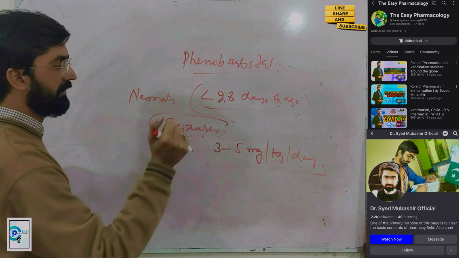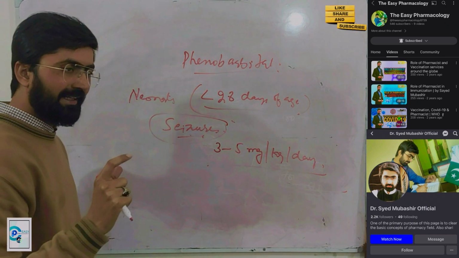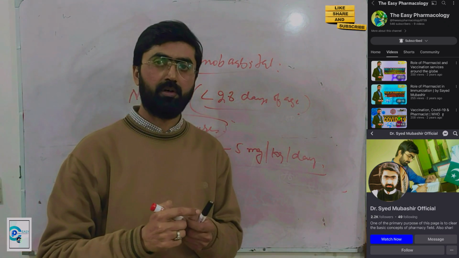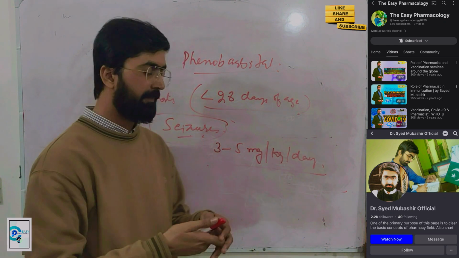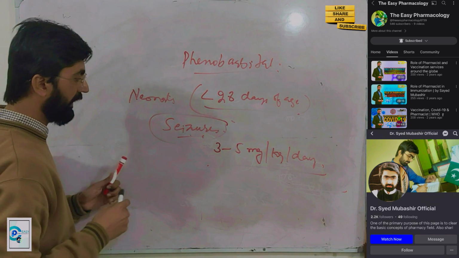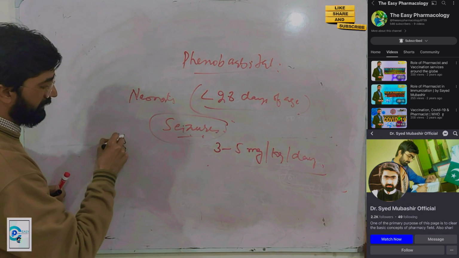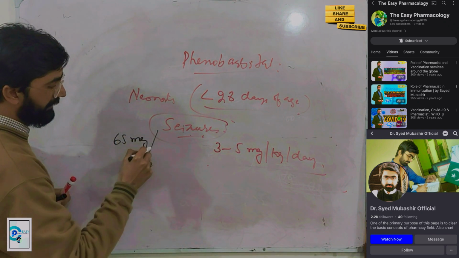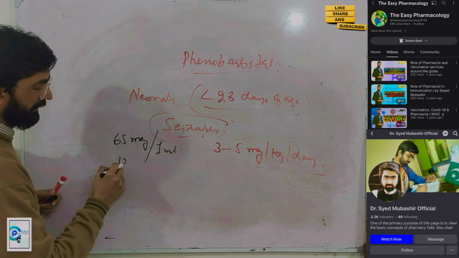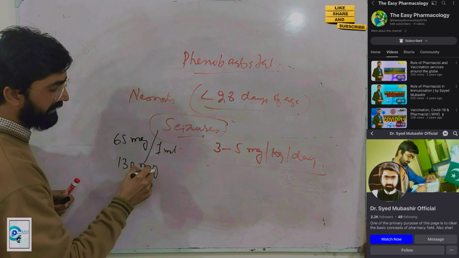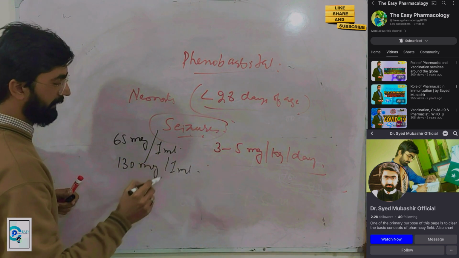The strengths of phenobarbital available, as per the reference of Medscape, are 65 milligram per 1 ml, which is one strength, and the other strength is 130 milligram per 1 ml.